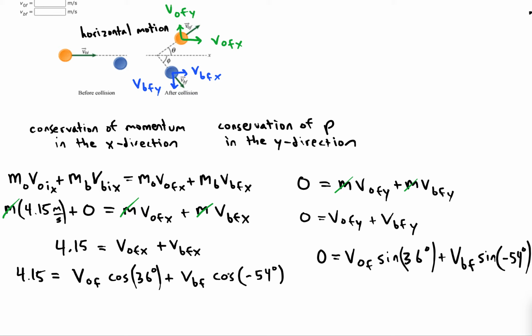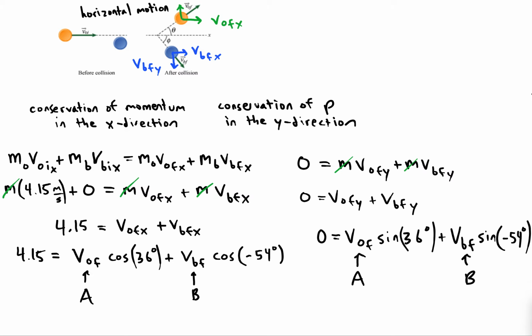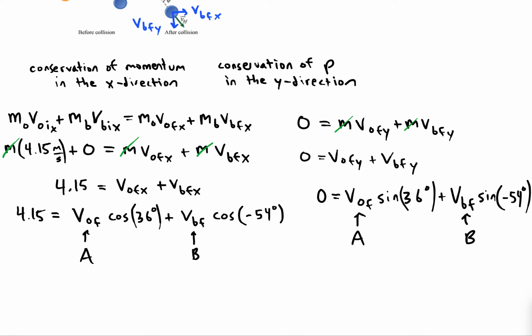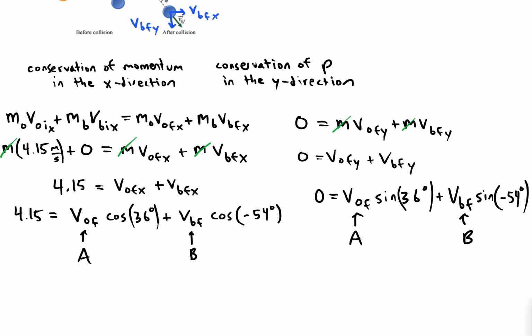So we just have to plug that into an online system of equations solver where we can let one of the letters be A, perhaps, and one of them can be B. Alright, so we may be able to just enter it like that.